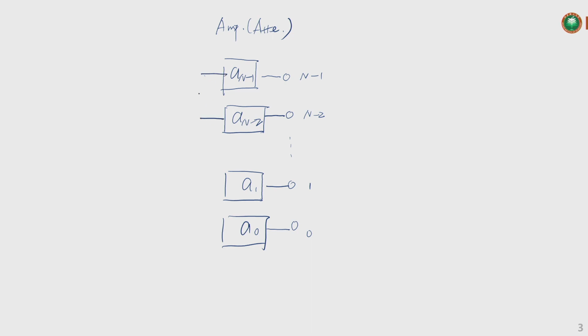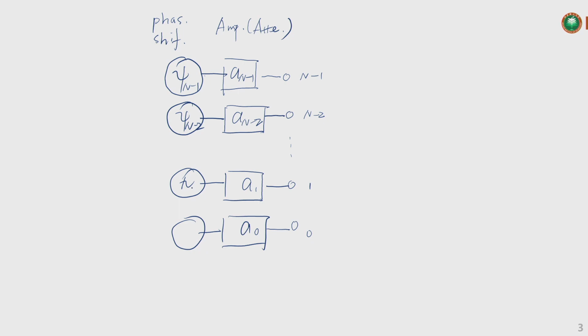We have our phase part, the phase shifter, and we call them psi_(N-1), psi_(N-2), psi_1, psi_0. So this is the real element, with individual amplitude and phase connected.